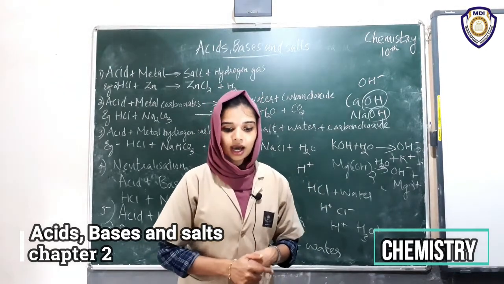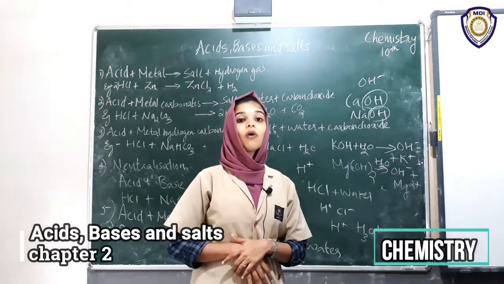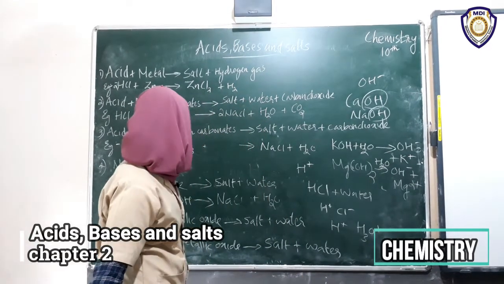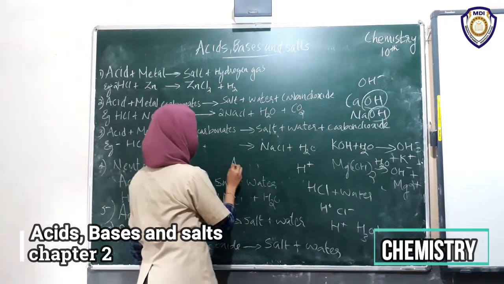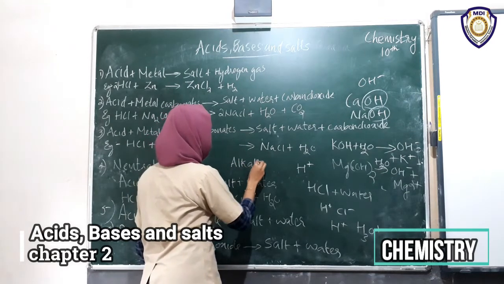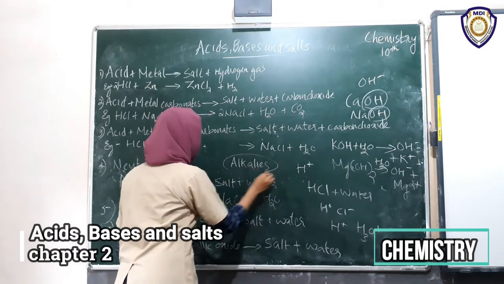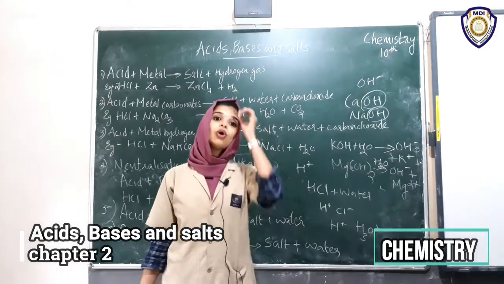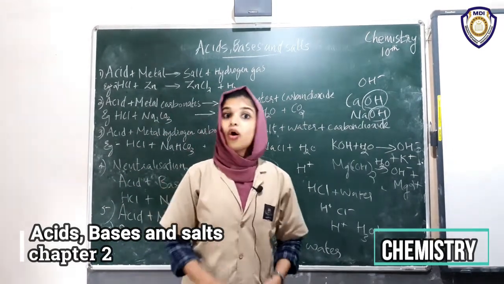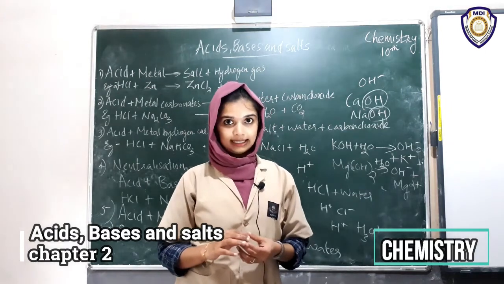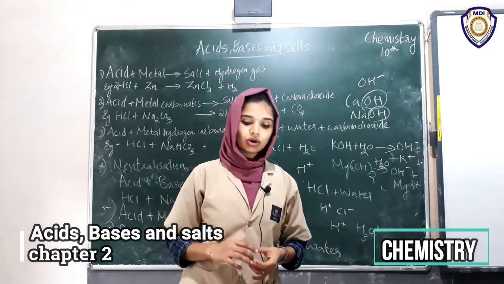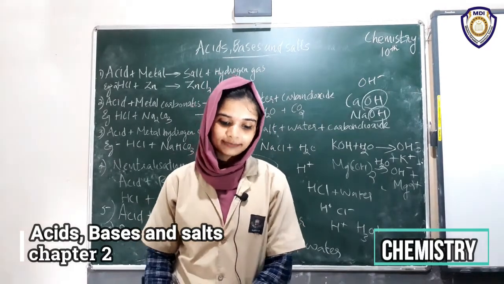Then bases which are soluble in water are called alkalis. The bases that dissolve in water are called alkalis. All bases are not alkalis, but all alkalis are bases. So hope you understood that.